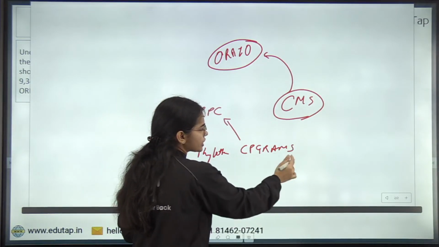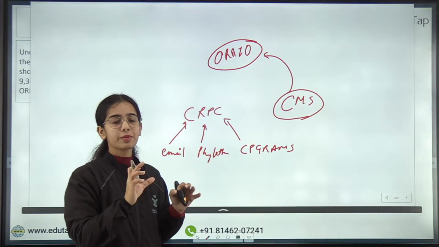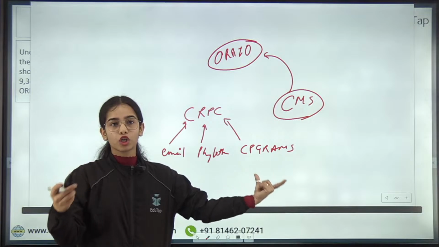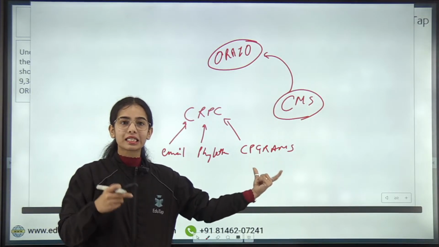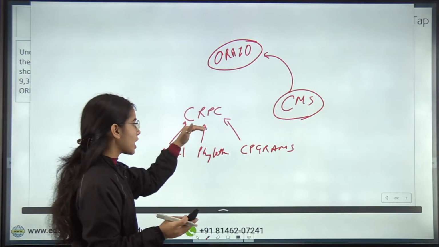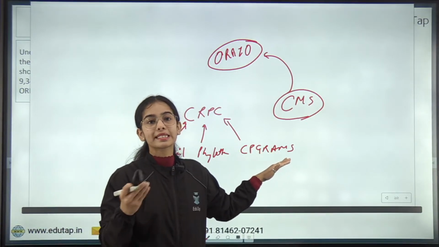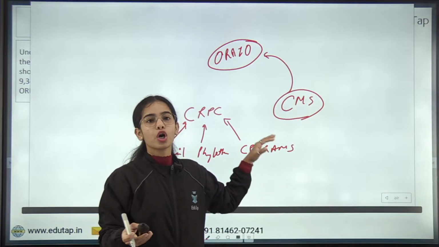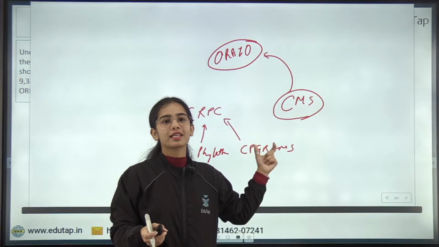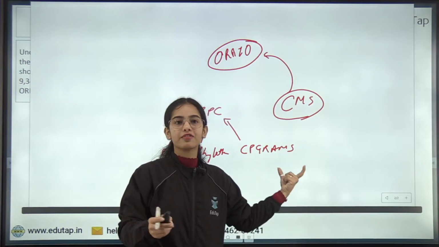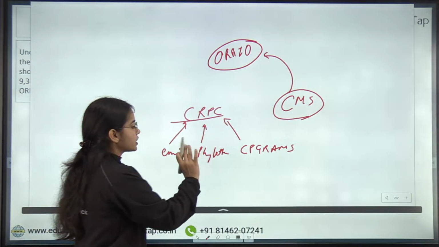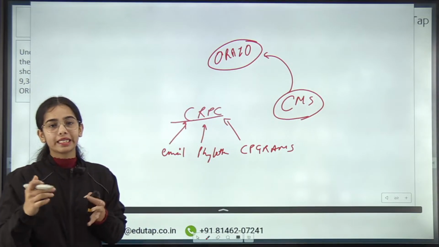We will discuss CPGRAMS and CMS further, but briefly, CPGRAMS is the government portal through which the government receives complaints against government entities. Because there are public sector banks, government banks also, the CRPC receives complaints from CPGRAMS too. So the CRPC receives complaints by email, physical letter and CPGRAMS.